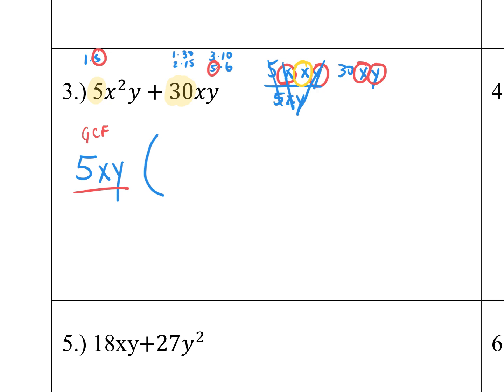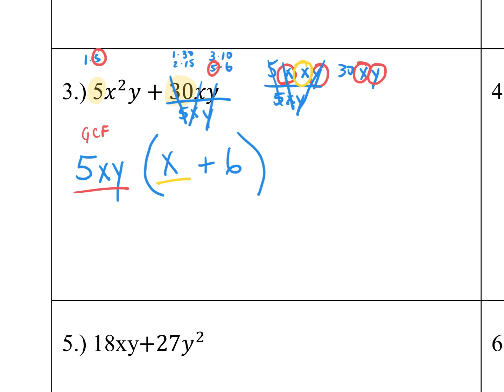So my 1x goes inside here. Okay, if I do the same thing here, I'll do it over on the actual equation. If I divide by 5xy, I'm going to see 30 divided by 5 is actually 6. And that's all that's left over because my x and my y's cancel out.